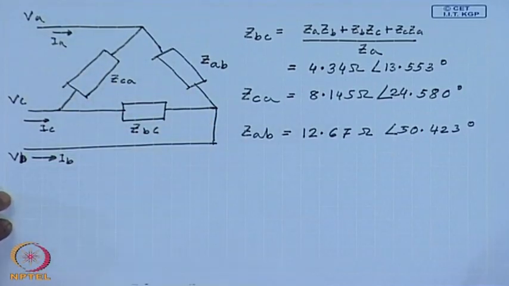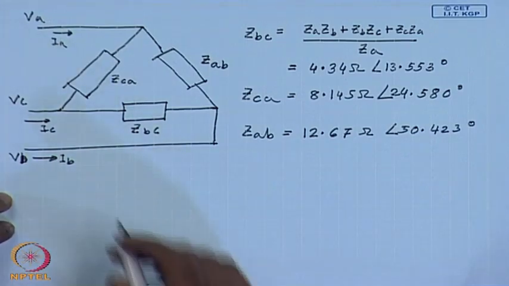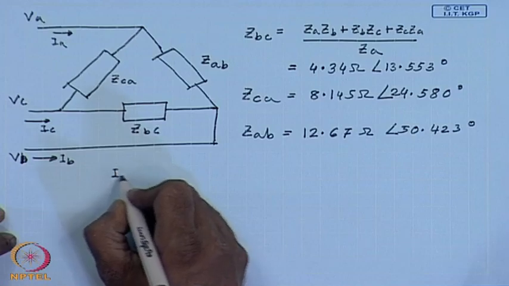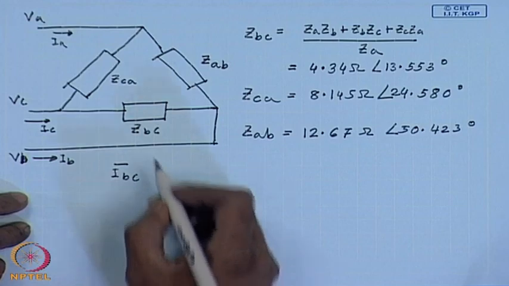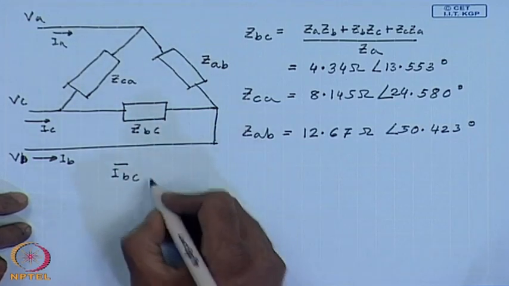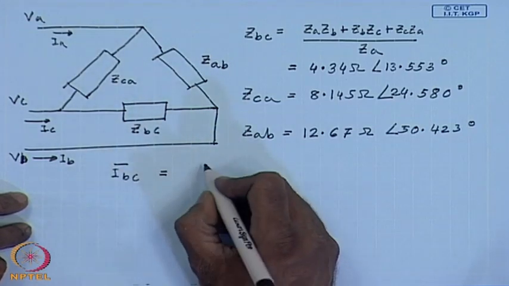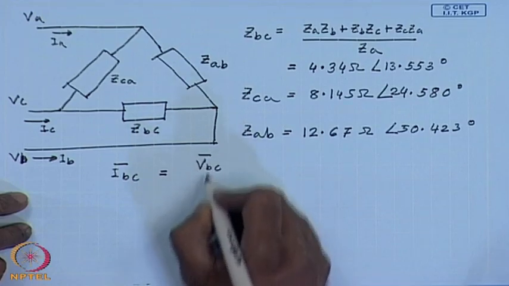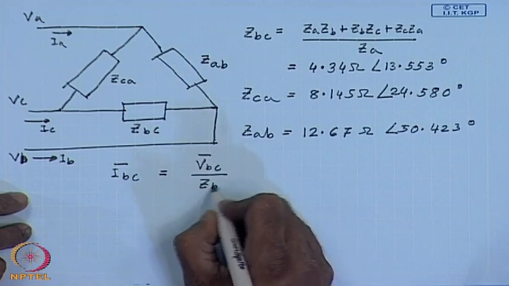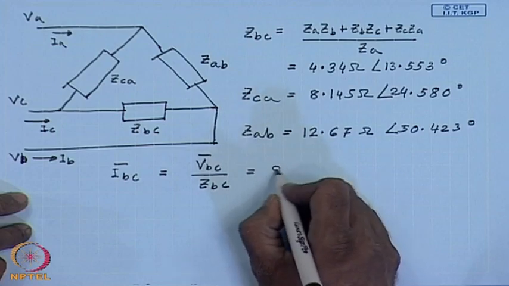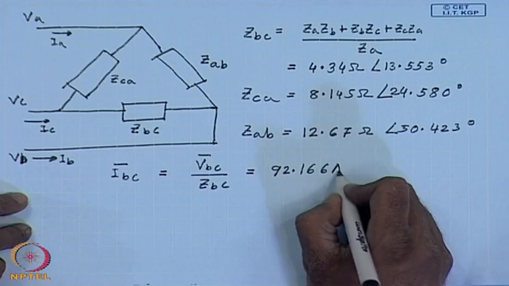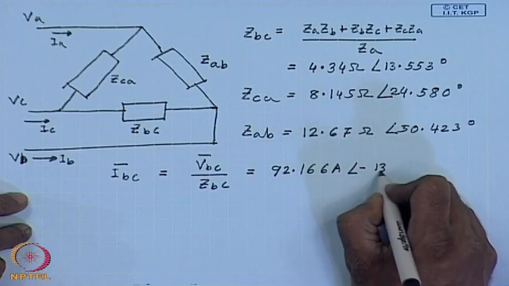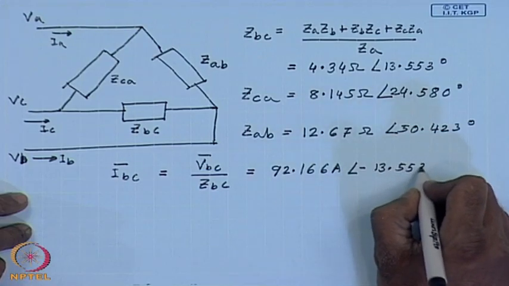Now that we have the impedances, it is easy to find out the currents. Let us say I B C equal to V B C by Z B C. This comes to equal to 92.166 ampere at an angle of minus 13.553 degrees.